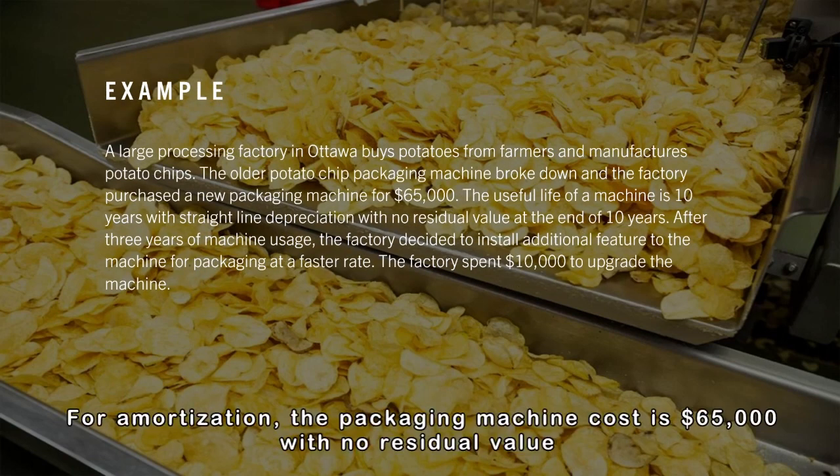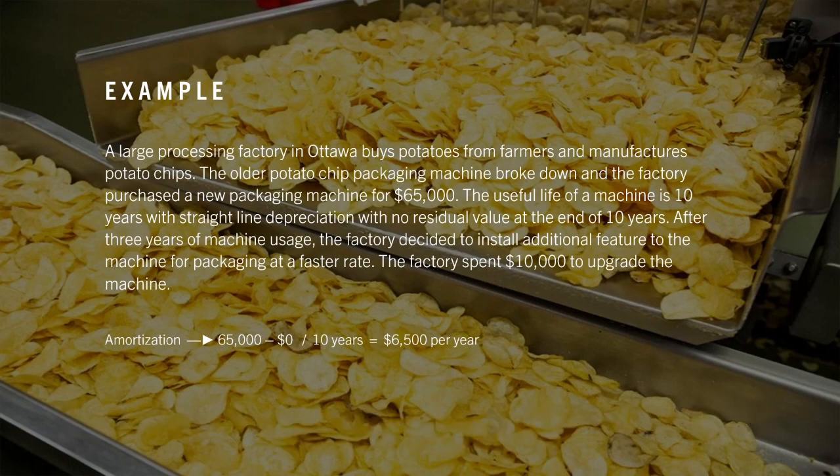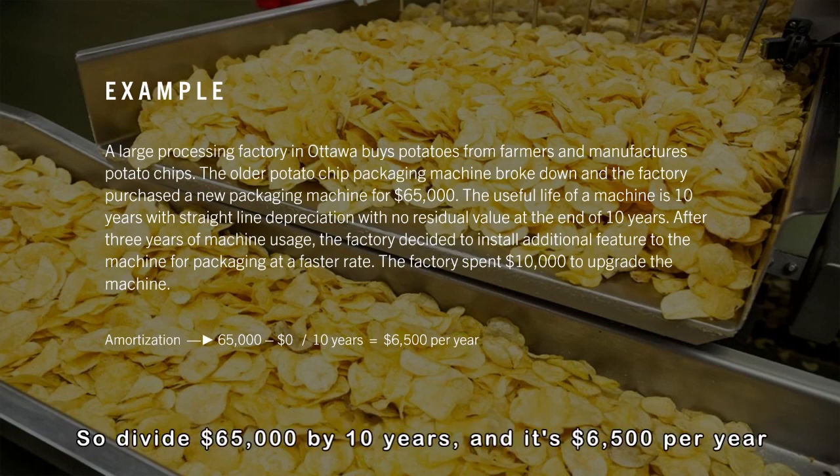For amortization, the packaging machine cost is $65,000 with no residual value. So divide 65,000 by 10 years and it's 6,500 per year.